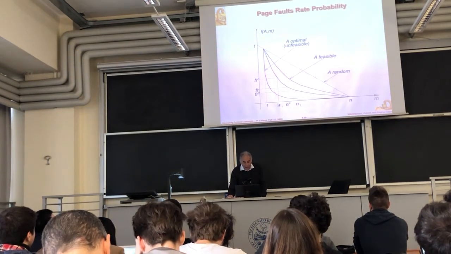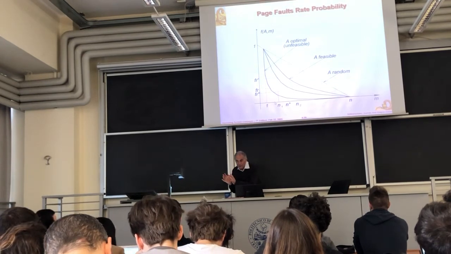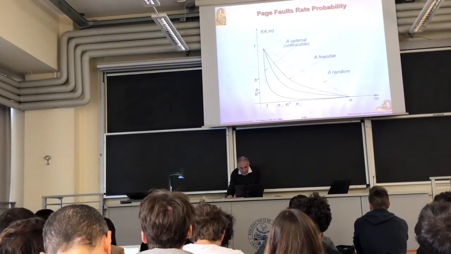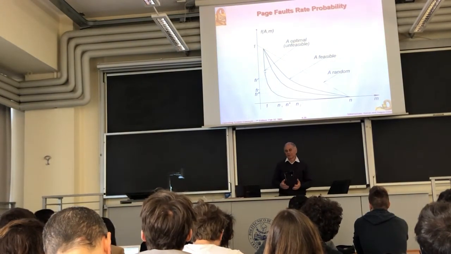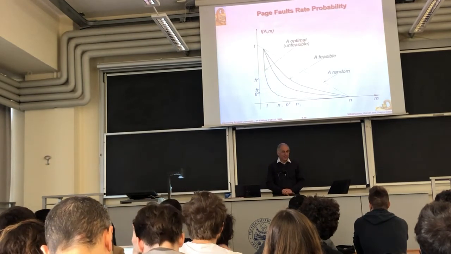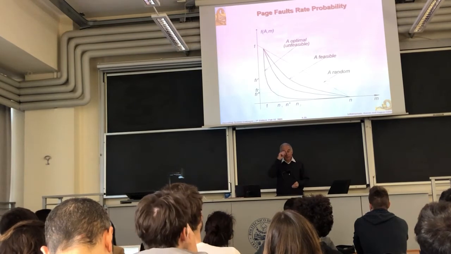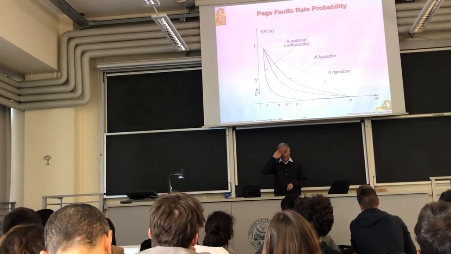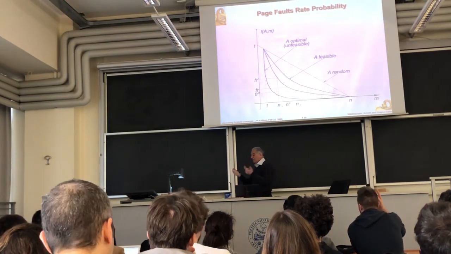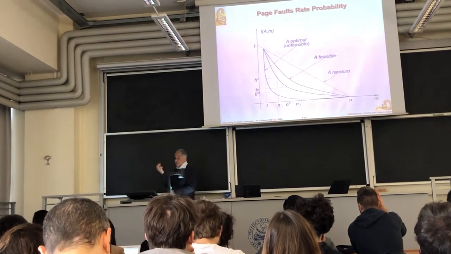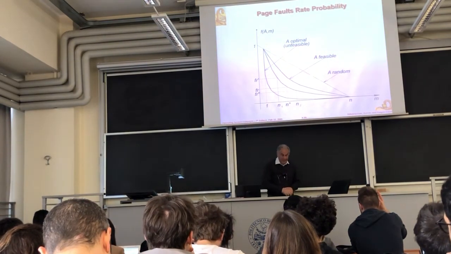So if you reduce the resident set of each of these processes, the number of page faults increases up to a point that we call the thrash point, where in practice there is always some page that is missing at every instruction, more or less.